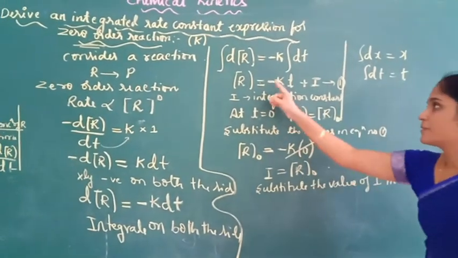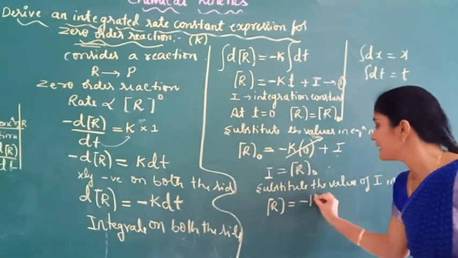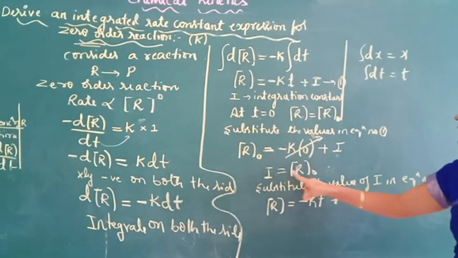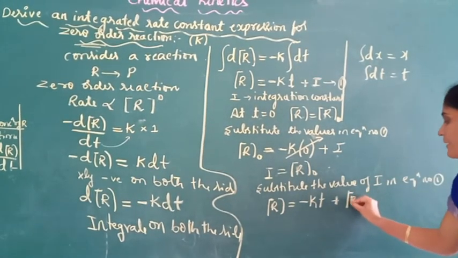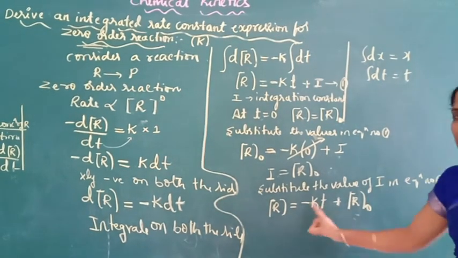So we get R equals minus kt plus R naught. Now rearrange this equation.